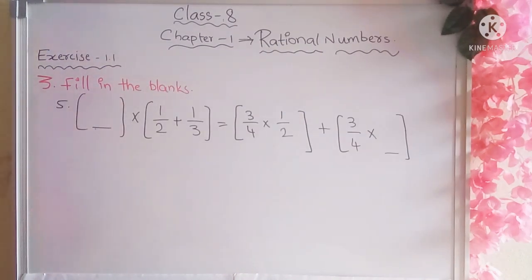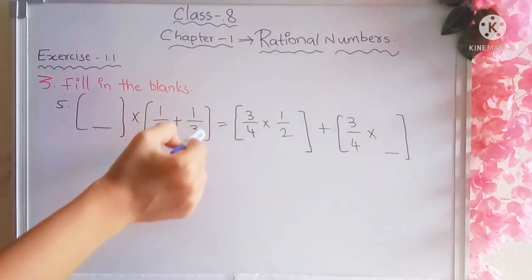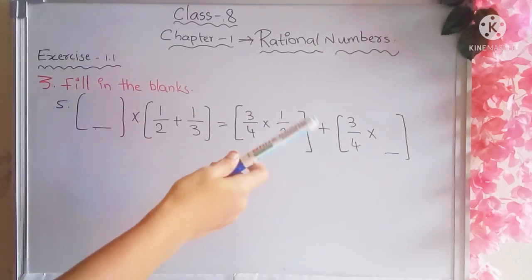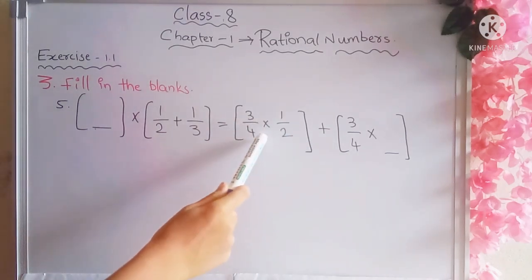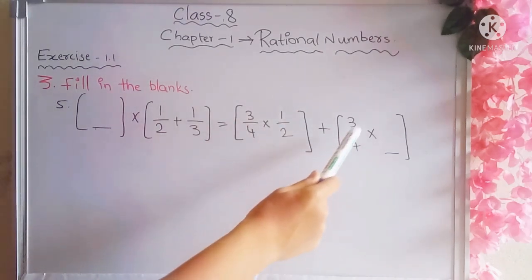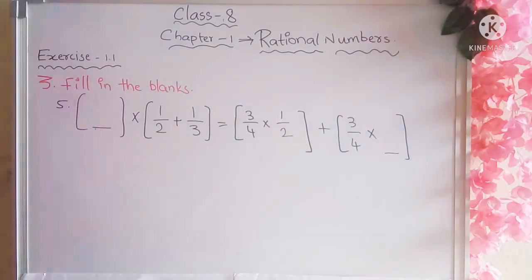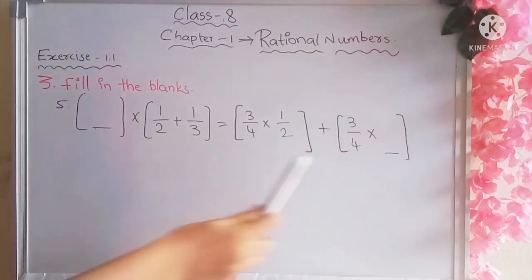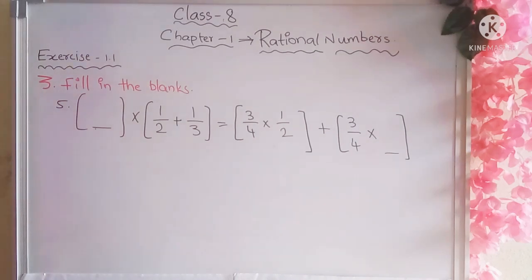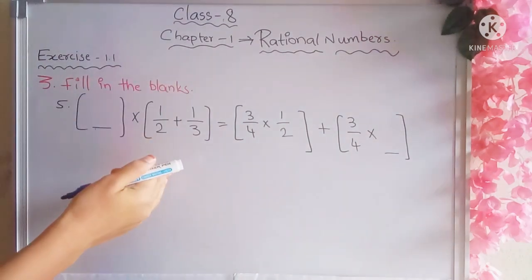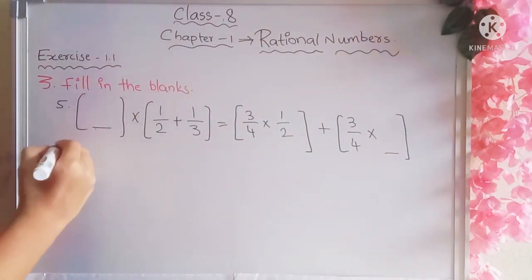So the fifth question says that something into 1 upon 2 plus 1 upon 3 is equal to 3 upon 4 into 1 upon 2 plus 3 upon 4 into something. So we have to find this fill in the blank and this fill in the blank. So the property used here is distributive.